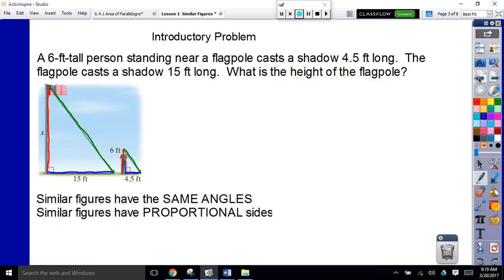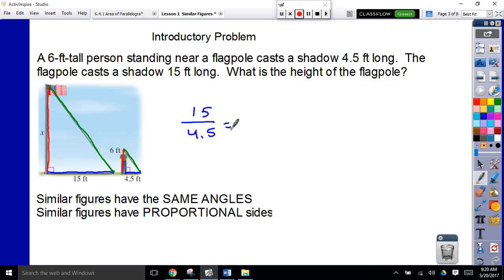Ben, can you tell us what proportion we would set up for this? 4.5 over 15. Well, since we've been starting with the first triangle on top, let's keep it consistent. You could do it the other way, but to be consistent, let's do 15 over 4.5. So we'll always just put the first triangle over the second.